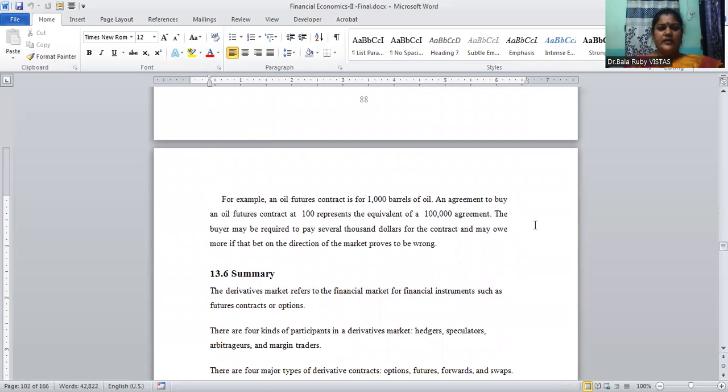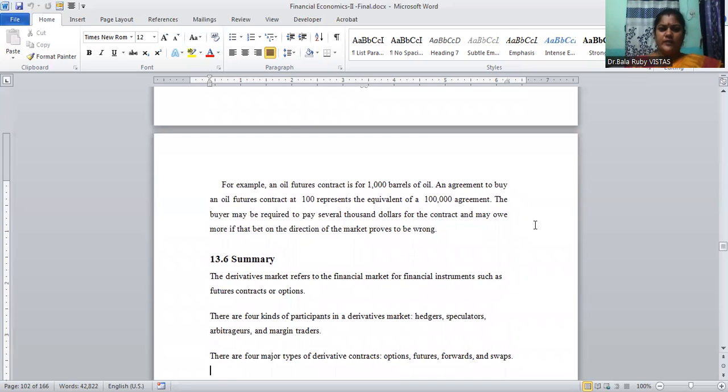For example, an oil futures contract is for 1000 barrels of oil. An agreement to buy an oil futures contract at 100 represents the equivalent of a 1 lakh agreement. So the buyer may be required to pay several thousand dollars for a contract and may owe more if that bet on the direction of the market proves to be wrong.